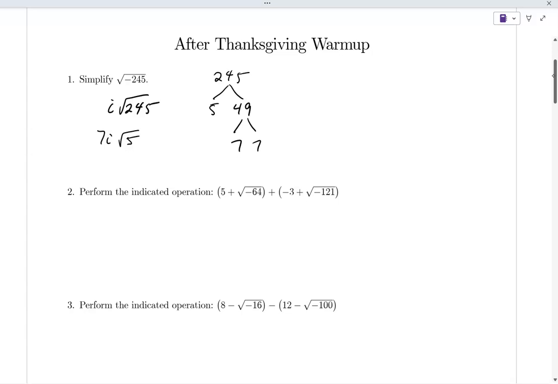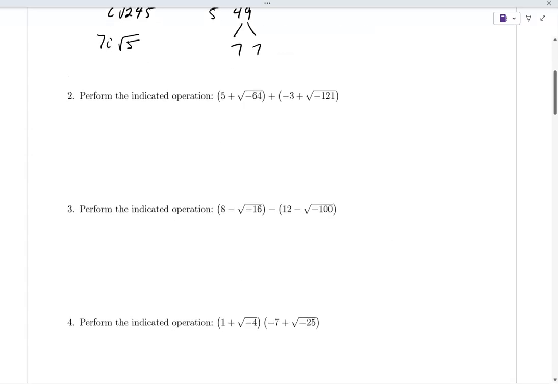Awesome. All right, so when we do the next couple, same idea. Let's make the radicals into i's first. Terms involving i's, and then go ahead and do the operation. What does square root of negative 64 end up simplifying to?